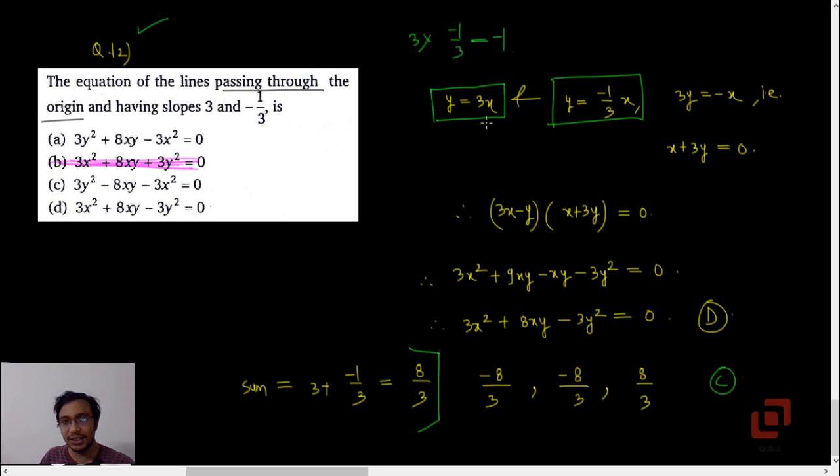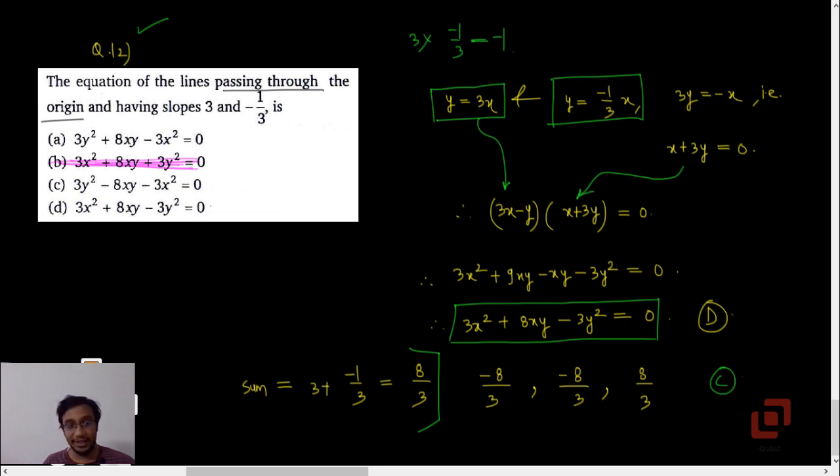So 3x equal to y will be 3x minus y equal to 0, and y equal to minus 1 upon 3x, or 3y equal to minus x, will be x plus 3y equal to 0. If you now open these brackets, that is multiply each term by the other, you will get the equation 3x squared plus 8xy minus 3y squared equal to 0. That is option D. 3, 8, minus 3, 3, 8, minus 3.